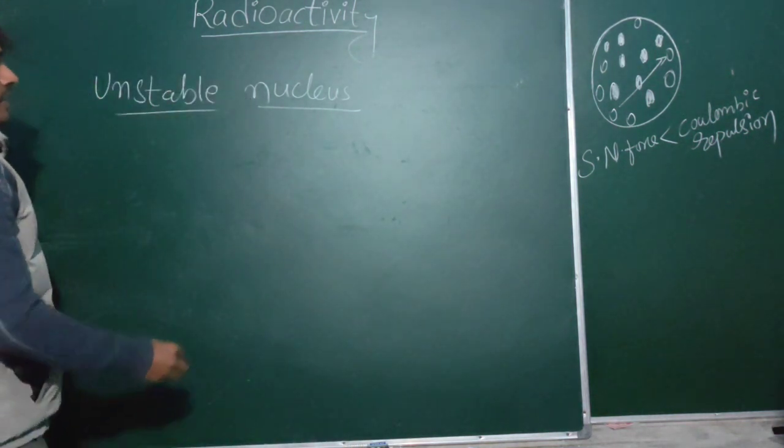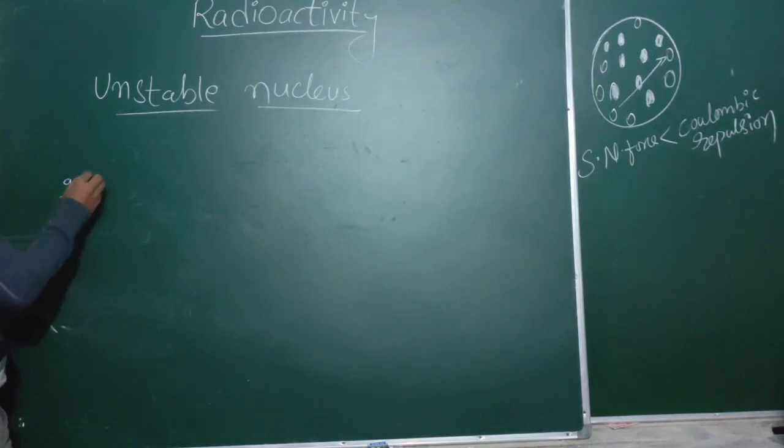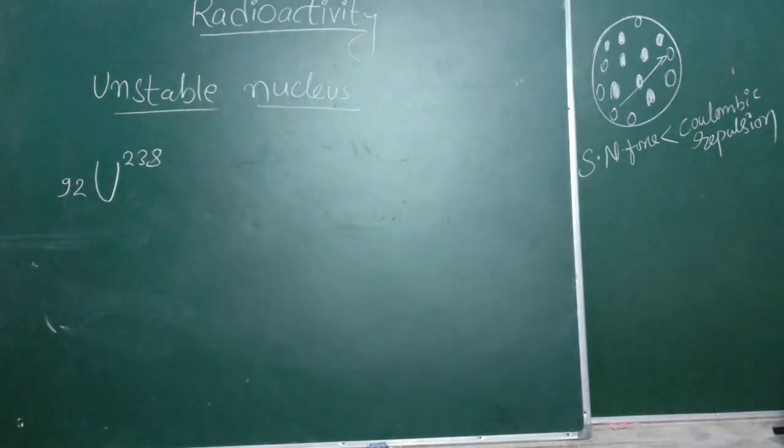Now, take the larger size nucleus, like uranium-238, with 92 protons.